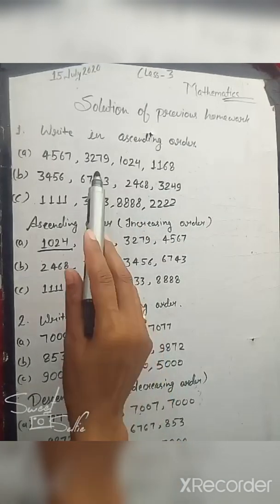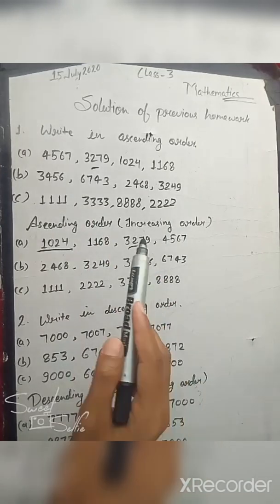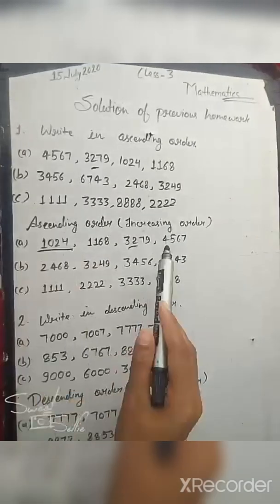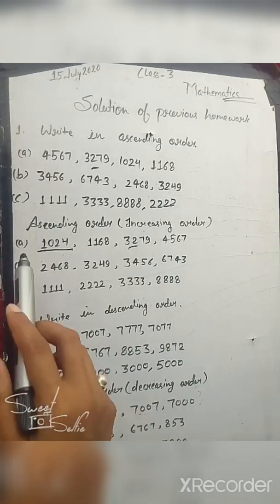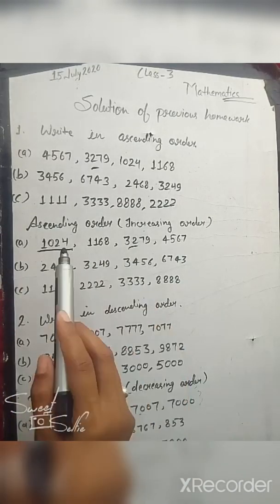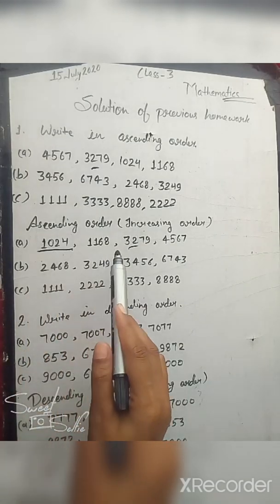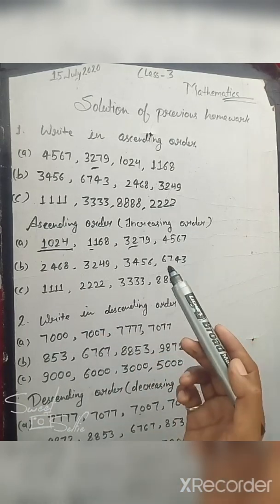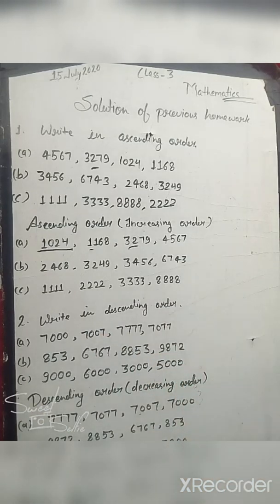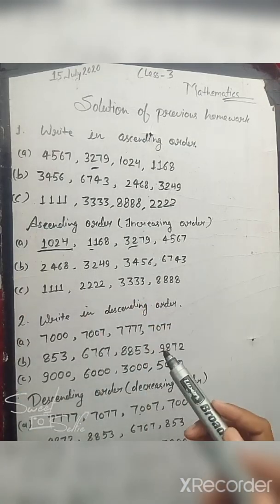Next 3279, and greatest number is 4567. Okay, so first is in ascending order 1024, 1168, 3279, and 4567. We can see these numbers in increasing order.